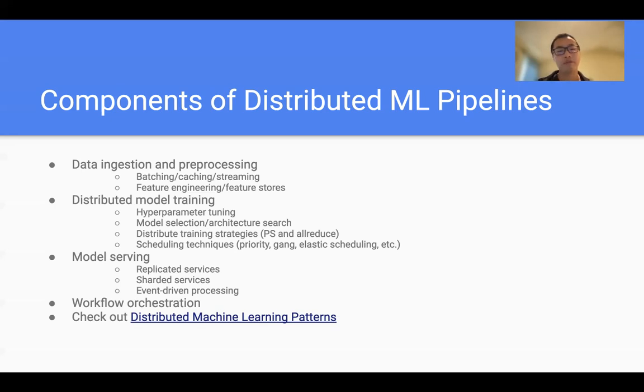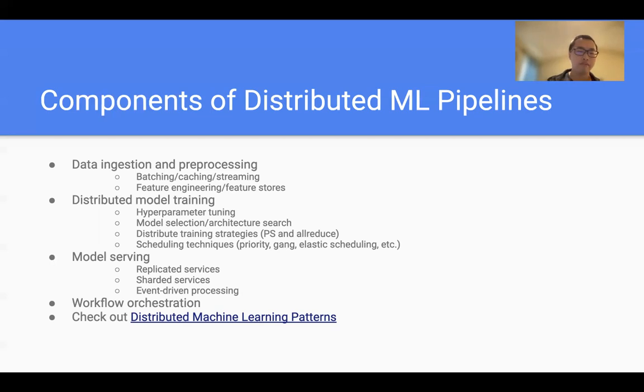For example, parameter server-based training strategies and all-reduce or collective communication strategies. And there are also all sorts of optimizations you can do via scheduling techniques. For example, priority and gang scheduling, and elastic scheduling if you are running your distributed model training workloads on preempted spot instances.